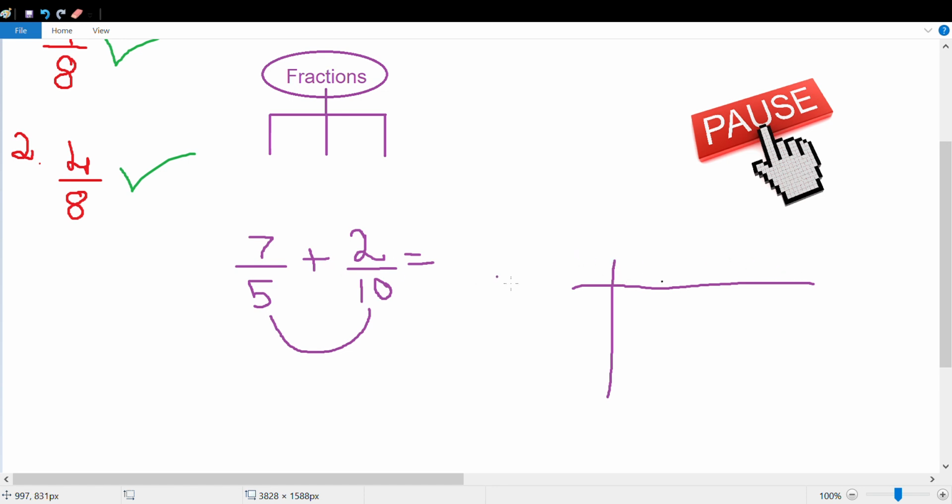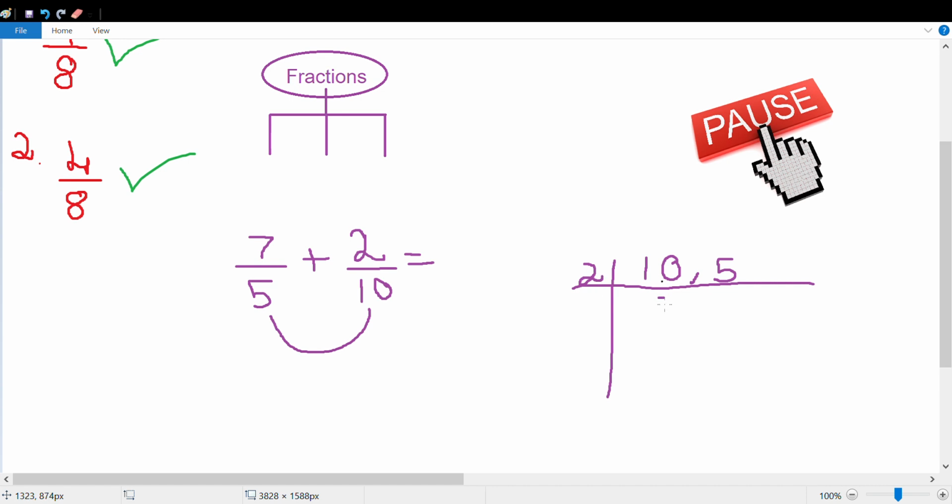Now we will write these two denominators here, 10 and 5. Which is the smallest divisible number? We'll take 2 because it goes into at least one number.